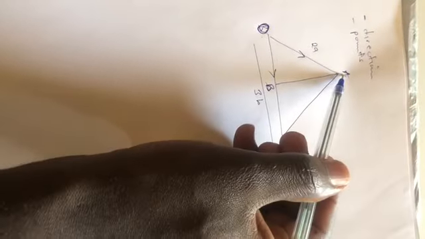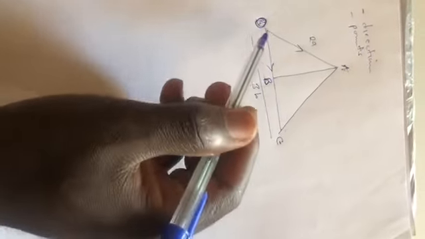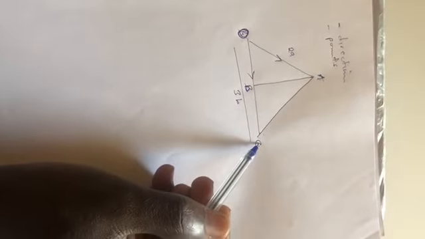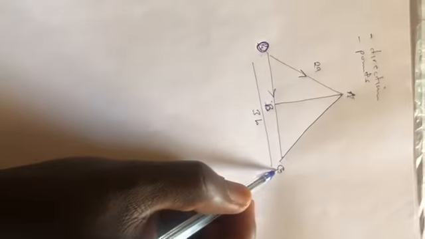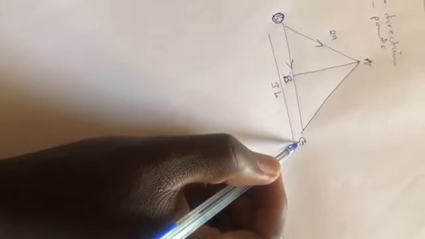So we need to move from A to O, then from O to C. That's how we are going to move. Or apart from moving like that, we can move from A to B, then from B to C. So we need to find ourselves at point C. That is all about vectors.